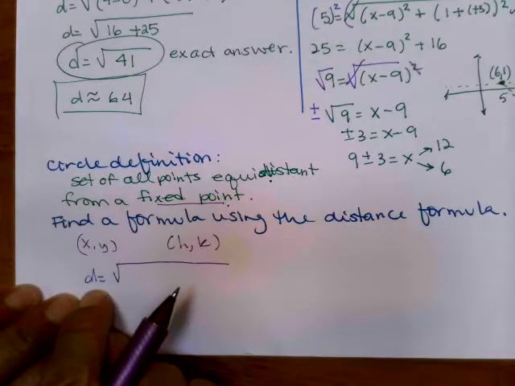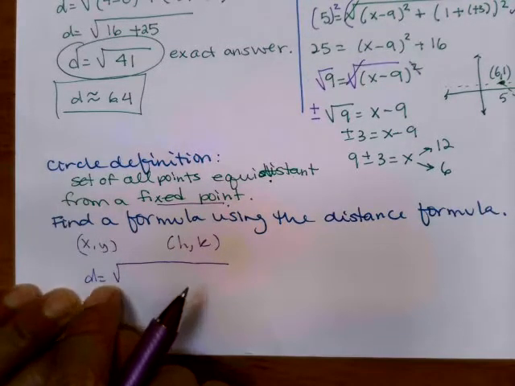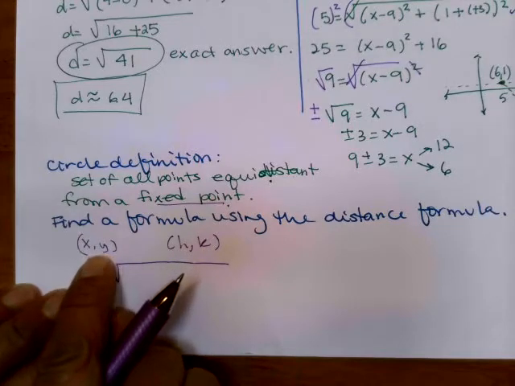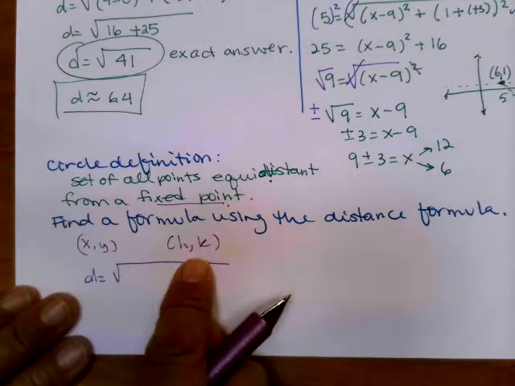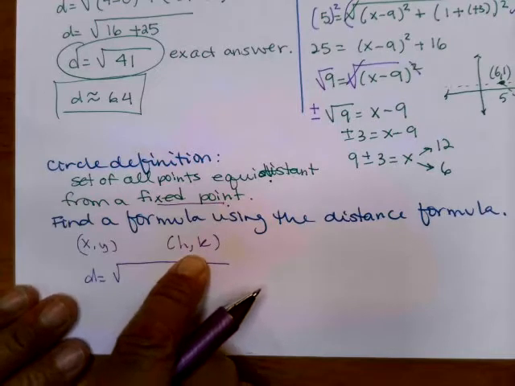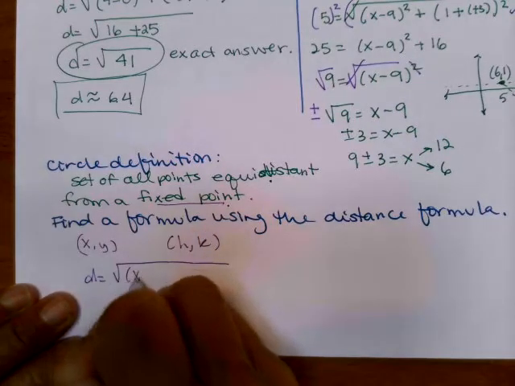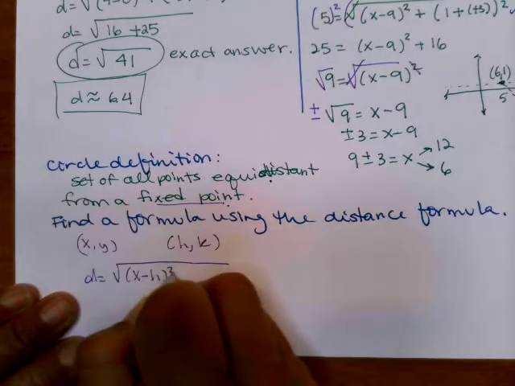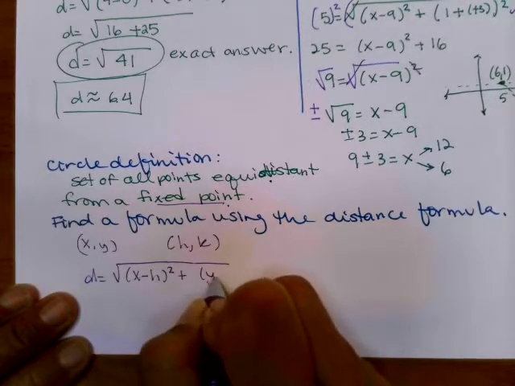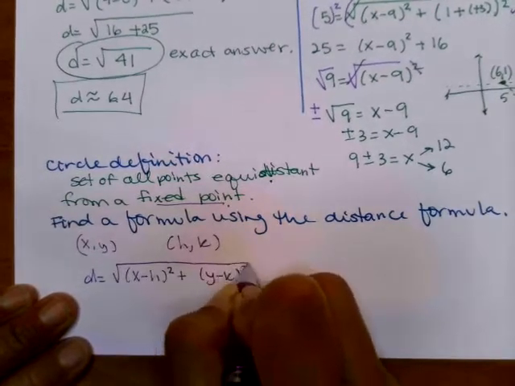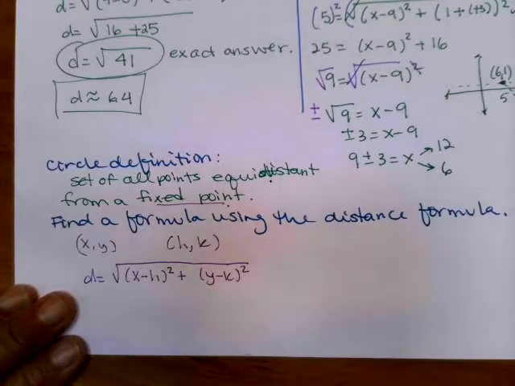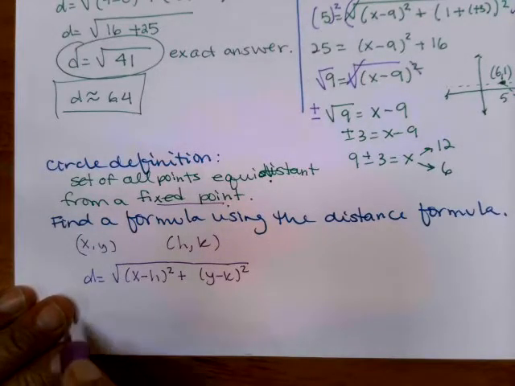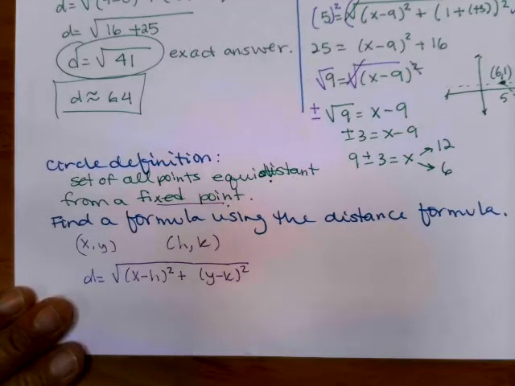This is my equidistance, this d. And so now I need the distance between the points (x, y) and that fixed point (h, k). So the distance equals the square root of (x minus h) squared plus (y minus k) squared.